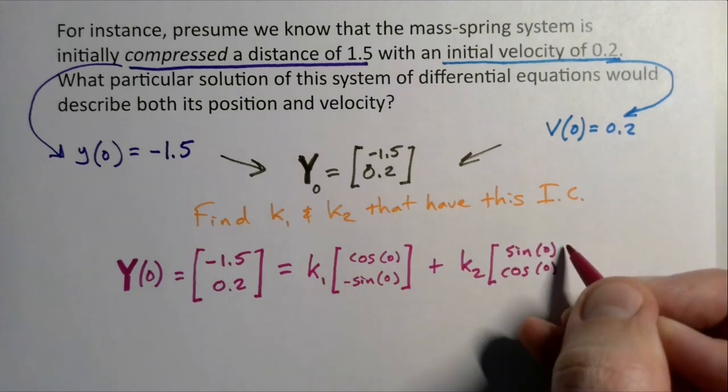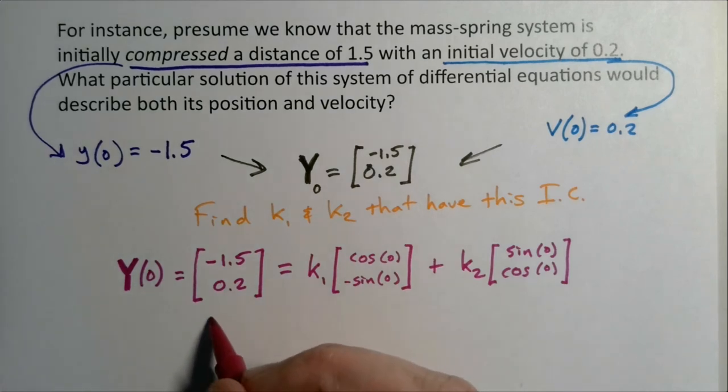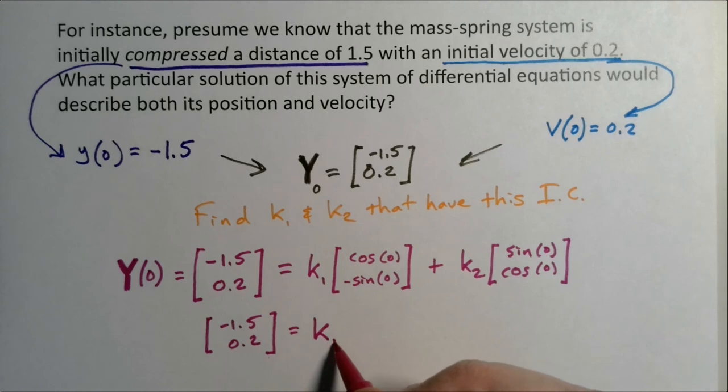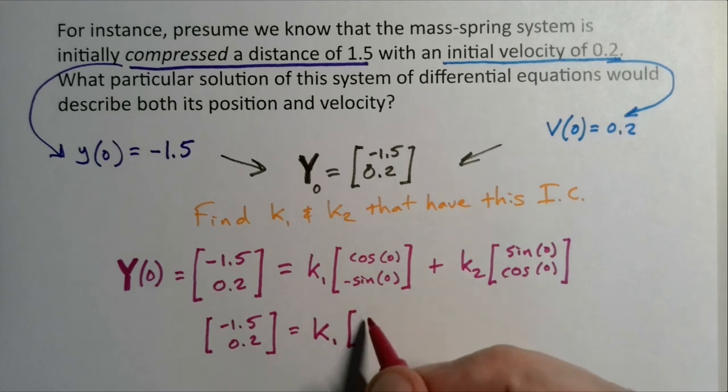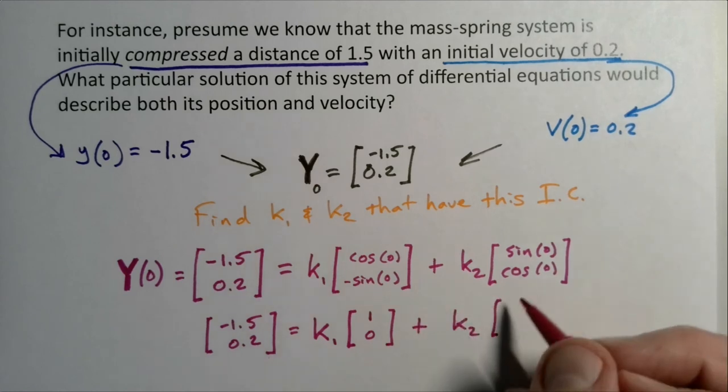Now, fortunately for us, some of these are really simple, right? Because cosine of 0 is just 1 and sine of 0 is just 0. So really what we have is an equation that looks like this. Negative 1.5 and 0.2. And on this side, it's K1 times the matrix, really simple matrix, 1, 0. And K2 times the matrix, 0, 1.